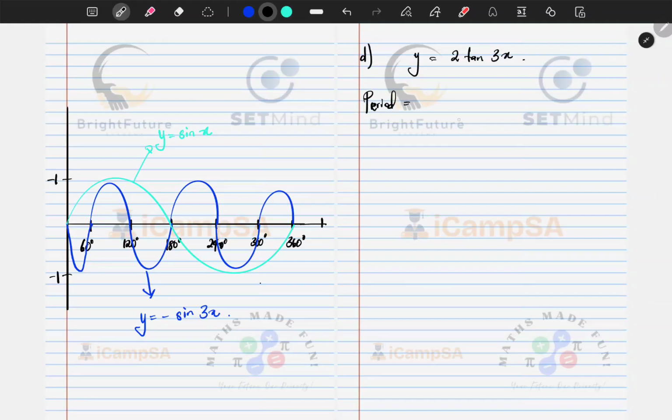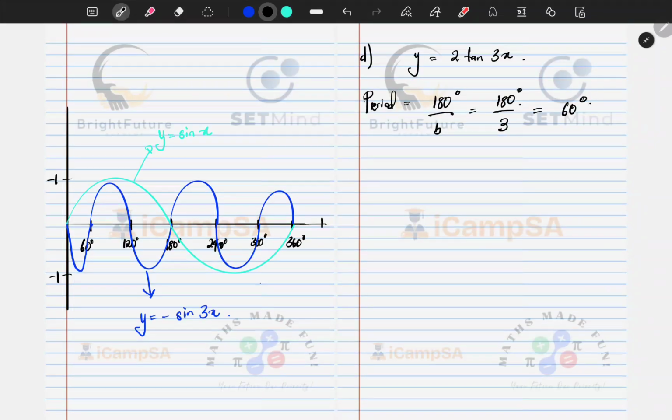The period is going to be 180 divided by b. And what is b? B is 3, so it's 180 divided by 3, which is 60 degrees.